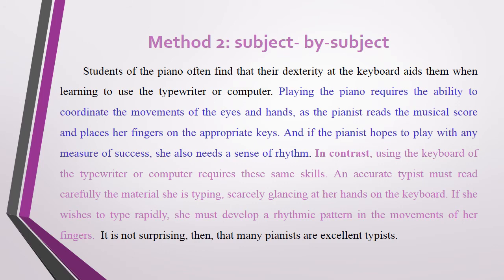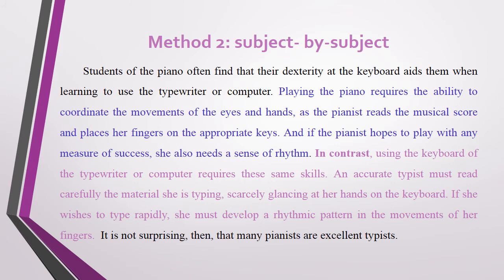We notice that the first part of the body of this paragraph is blue. It means that all the information here is about the first subject, using the piano keyboard. Then the second part of the body of this paragraph is in pink. This means that the whole discussion is about B.